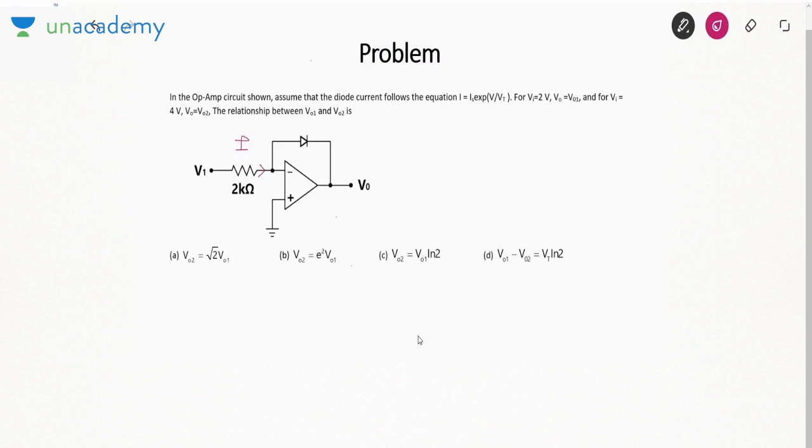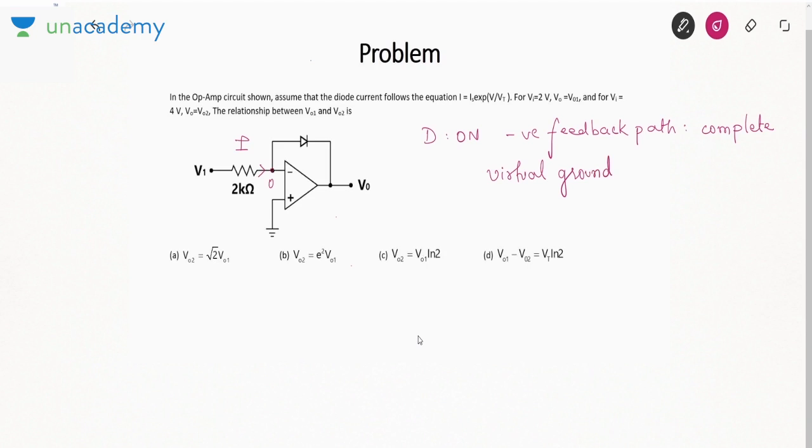So if I assume the diode is on, in that case your negative feedback path is completed. If the negative feedback path is completed, we can make use of virtual ground.